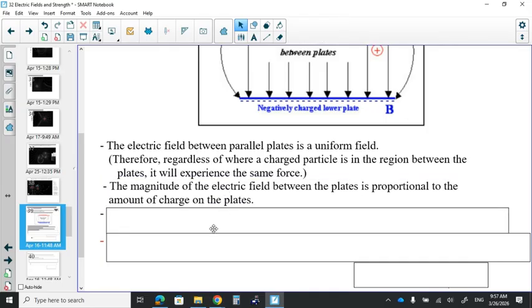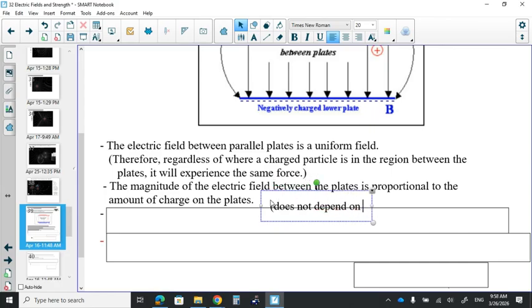And the electric field between the plates is proportional to the amount of charge on the plates only. It does not depend on the spacing. Okay, does not depend on the distance between the plates. I think it probably says that in one of my other slides here, but I just want to emphasize.